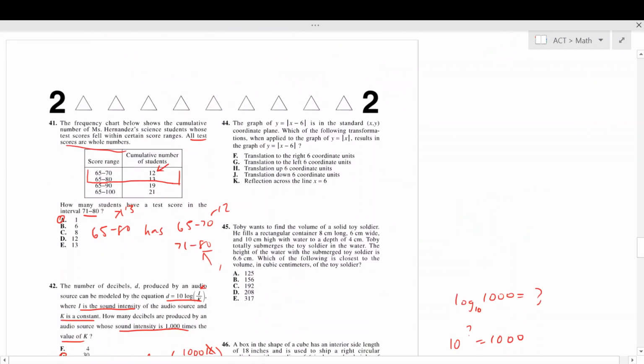The graph of y equals absolute value of x minus 6 is in the coordinate plane. Which of the following transformations, when applied to y equals absolute value of x, results in this graph? So how do we change this to give us the graph of this? That's essentially what the question is asking. I think this is an Algebra 1 or Algebra 2 topic.